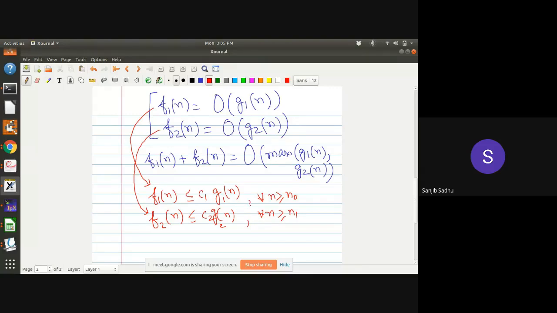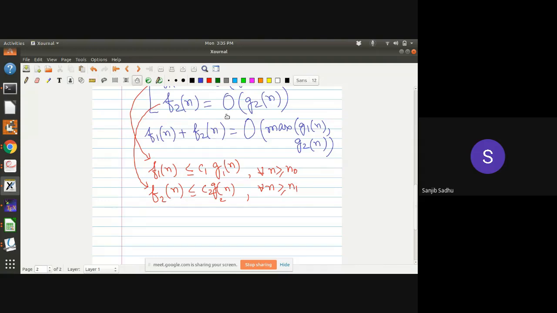Now from these two, one of C1 and C2 will be larger. Suppose C2 is greater than or equal to C1. It may happen that C1 is greater than or equal to C2, but it does not matter which one is larger.